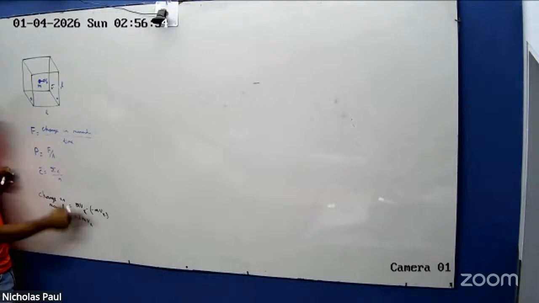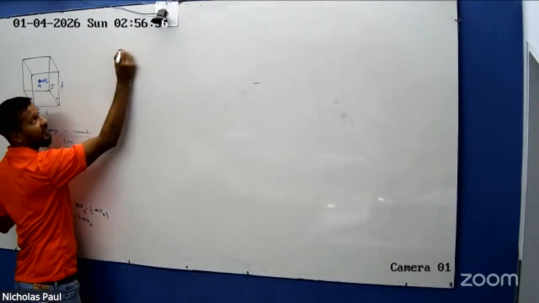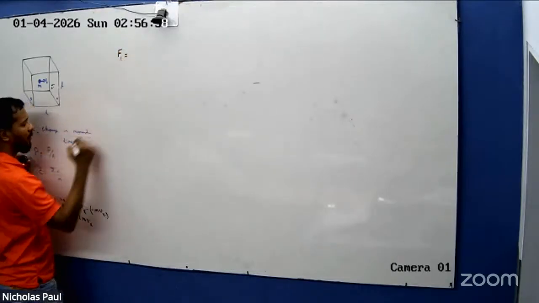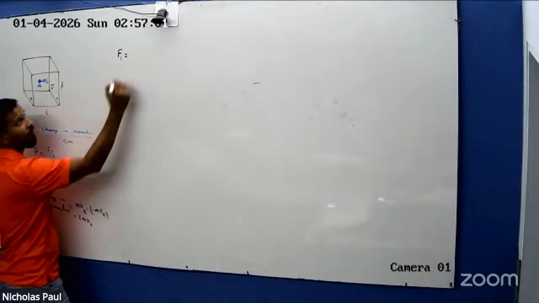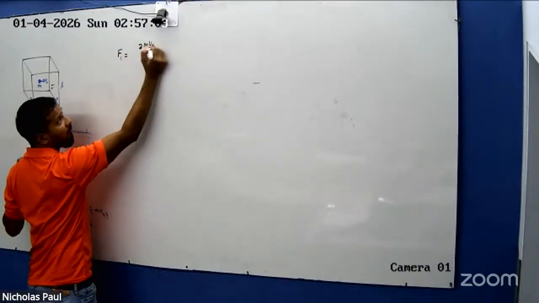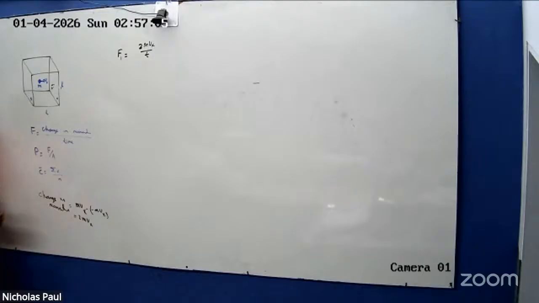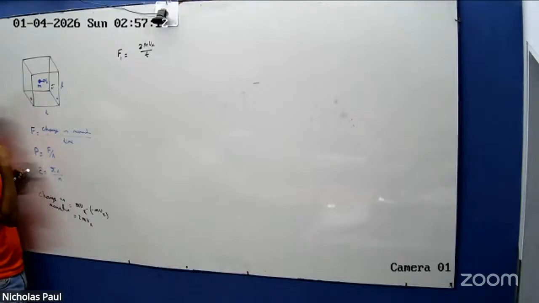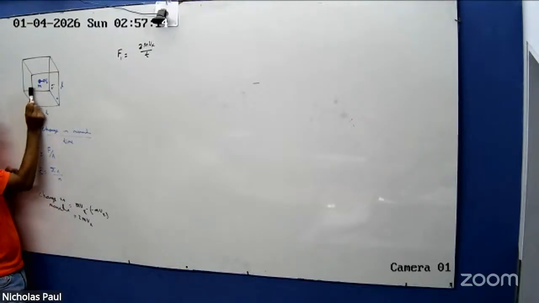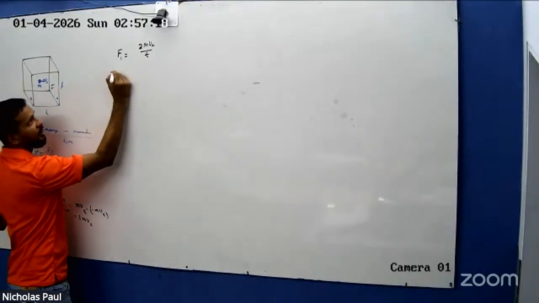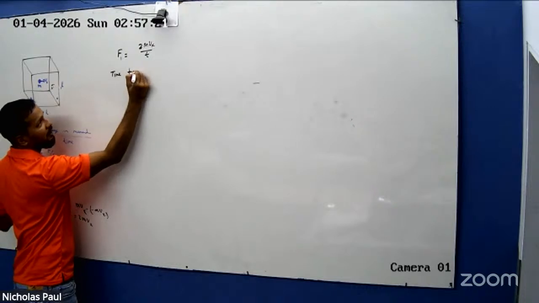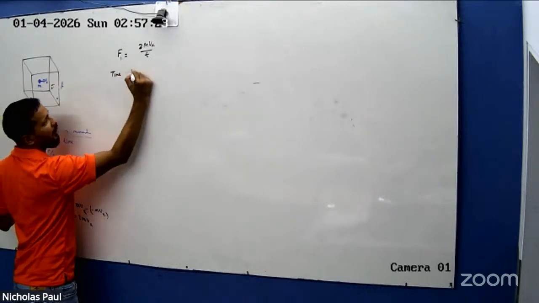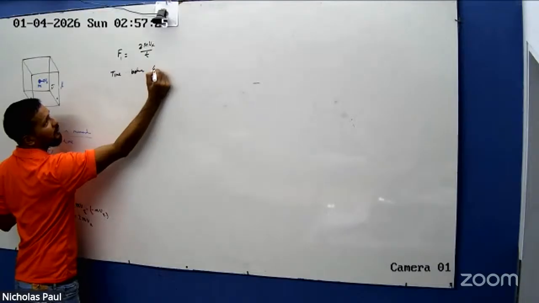All right? So it means that we can find the force exerted by this one particle, which is change in momentum divided by time. Are you okay with that? How could we calculate time? We assume the particle leaves here, and we look at the time between collisions.